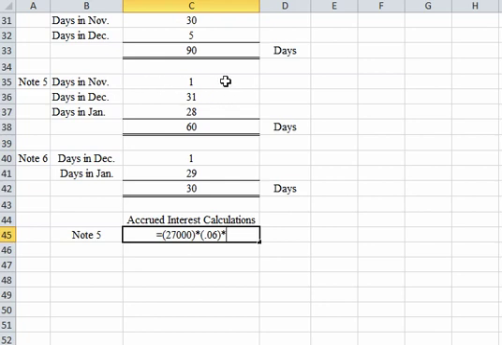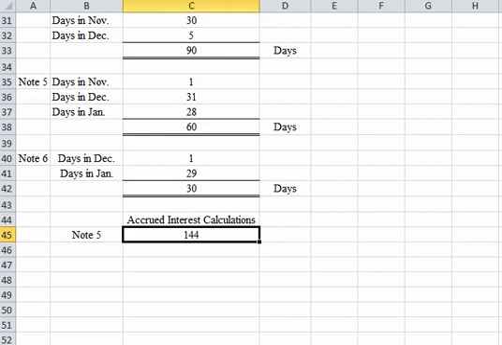Well, we had 1 day in November, 31 in December, so it's going to be times 32 days divided by 360 in the year. So interest earned on note 5 by December 31st, year 1, is $144.